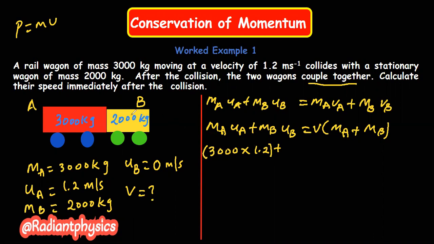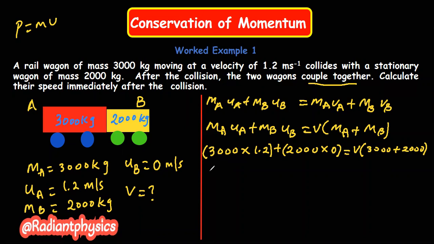The mass of MB is given as 2,000 kilogram, times its initial velocity, which is 0, so we are free to write 0 here. Then equal to V times (3,000 plus 2,000). So 3,000 times 1.2, let me quickly punch the calculator.